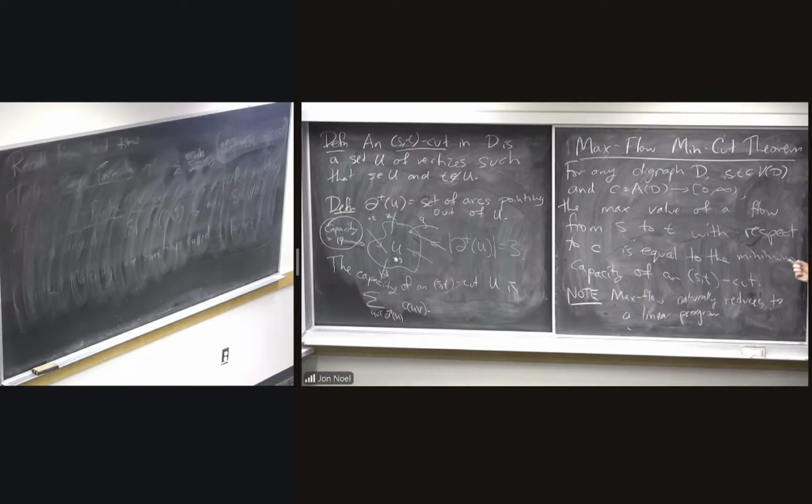The flow in equals flow out condition is just a constraint. There's also a constraint that the flow value doesn't exceed the capacity on every arc, just a linear constraint. And then you have a very simple linear objective function, which is the flow out of S, and you just maximize it, right? So this definitely can be solved in polynomial time by reducing it to linear programming.